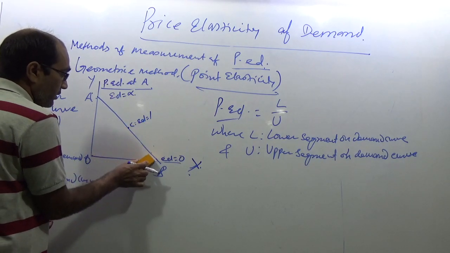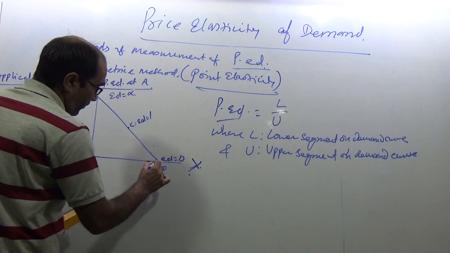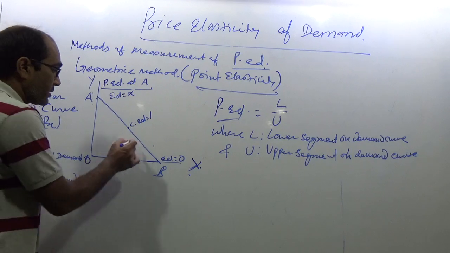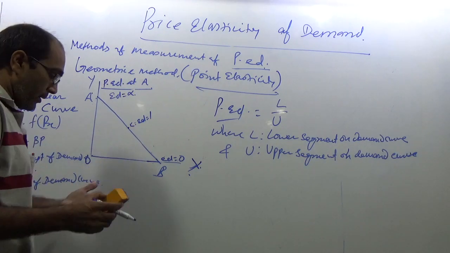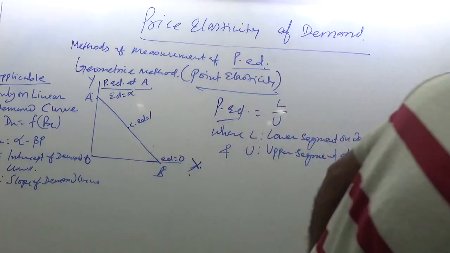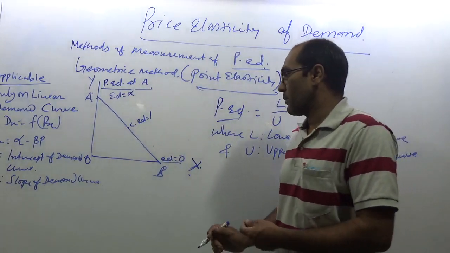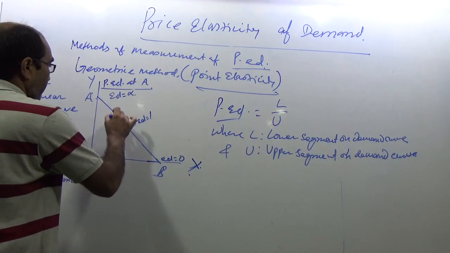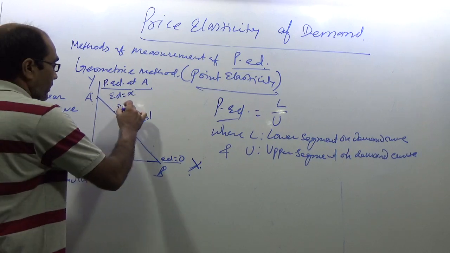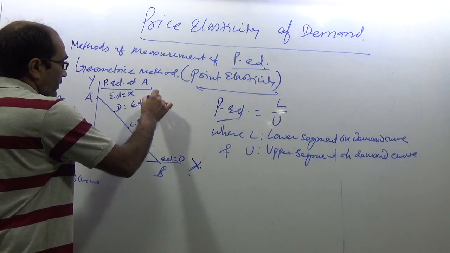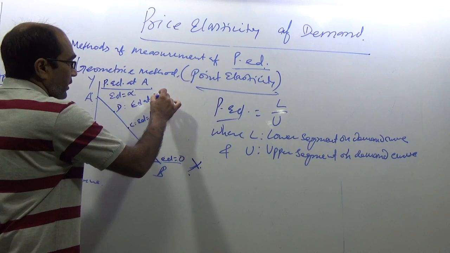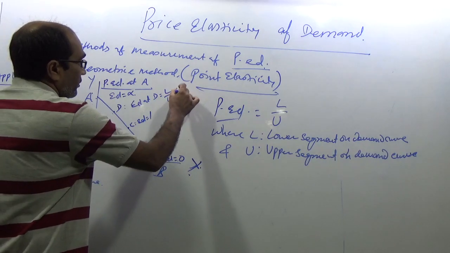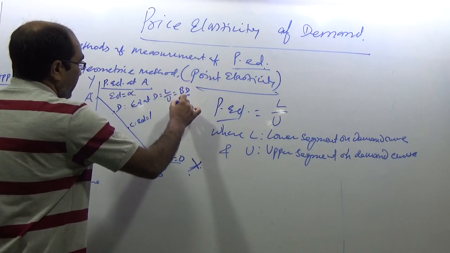अब हमें क्या करना है? See any point in between AC as well as CB. अब हमें कोई भी अदर पॉइंट, first in between AC, suppose 1 point D. See ED at D equals L upon U. L lower segment BD upon AD.